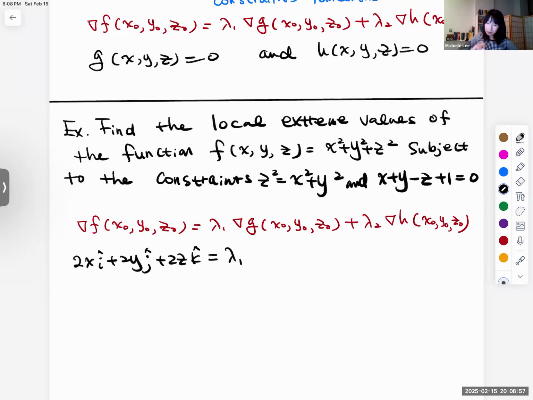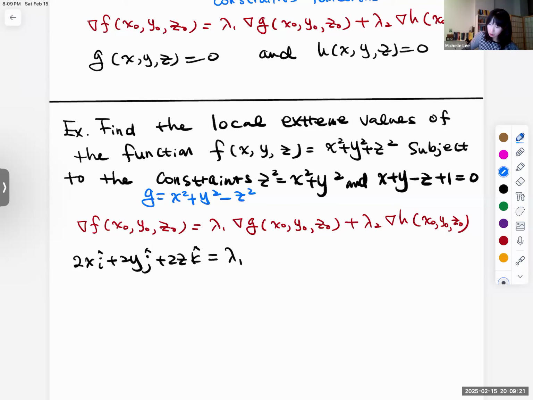And then the gradient of the constraint function. So let's write down g equal to x squared plus y squared minus z squared, right? And let's make h.